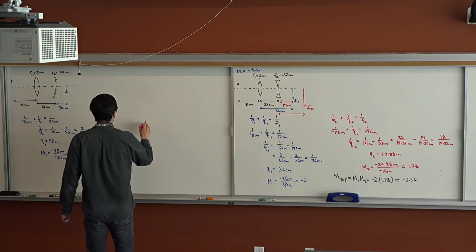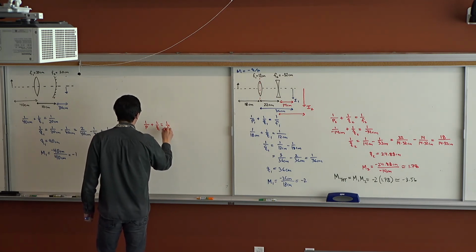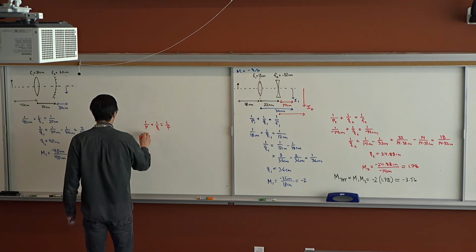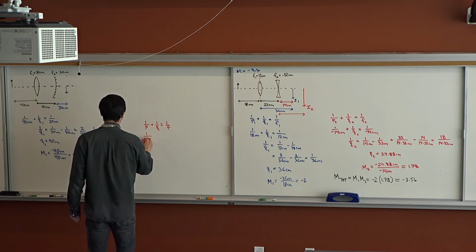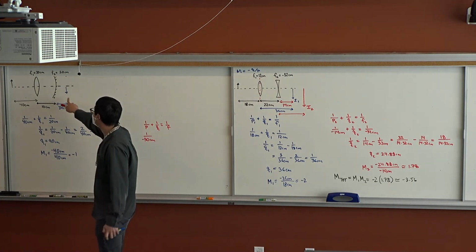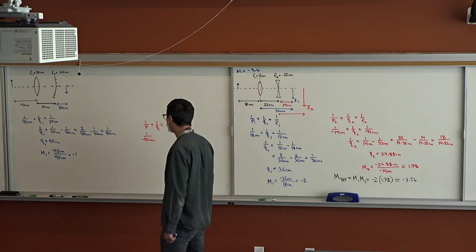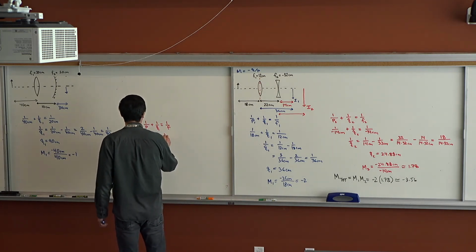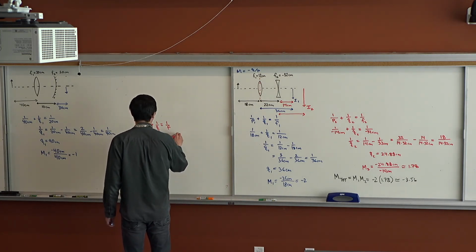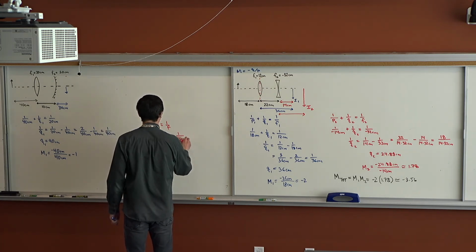So we'd say that 1 over P plus 1 over Q for the mirror is also 1 over F for the mirror. This time we have 1 over minus 30 centimeters, since the object is behind, plus 1 over Q is 1 over 20 centimeters.